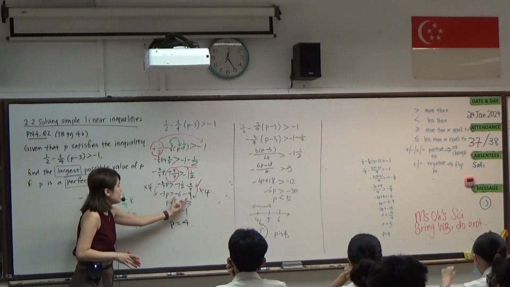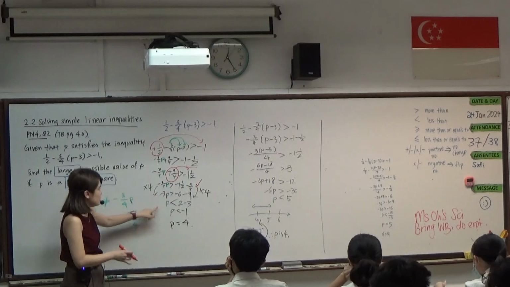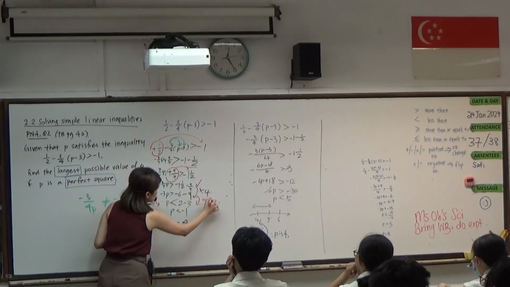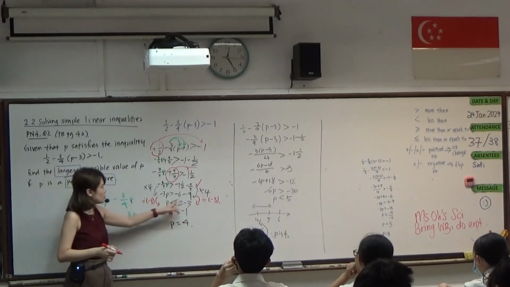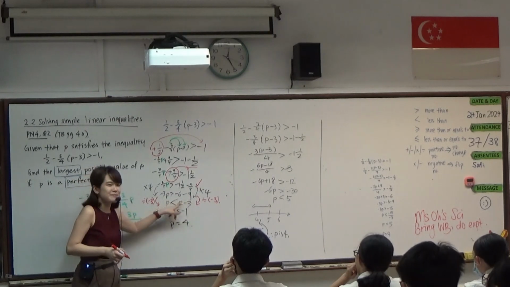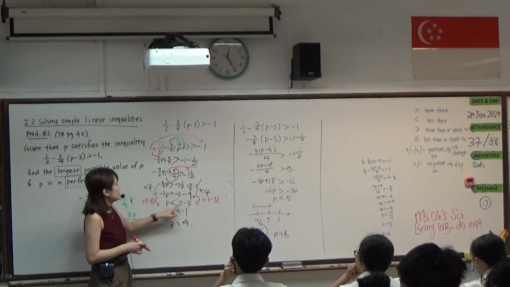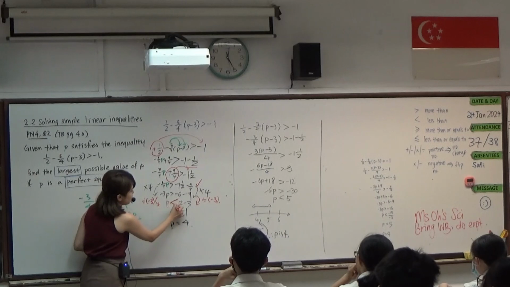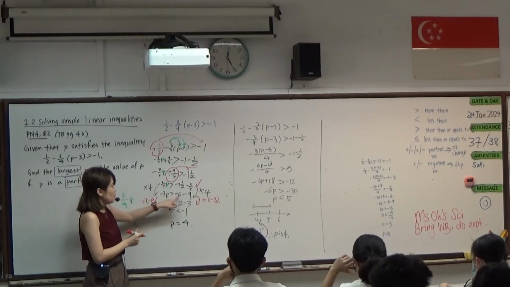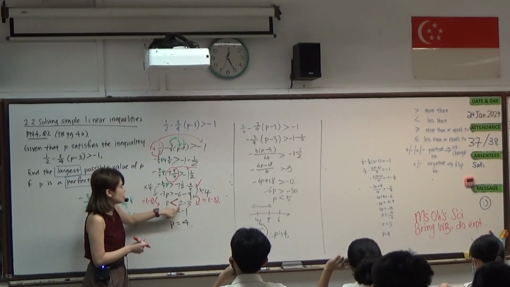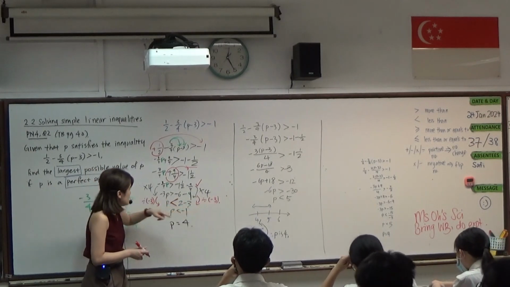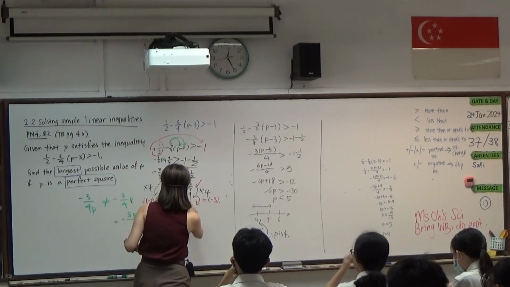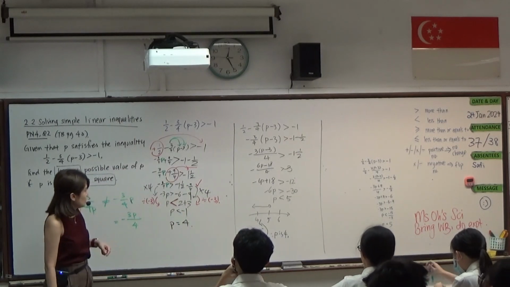Minus 6 minus 9. Then from here to here, what he did was to divide by negative 3 on both sides of the inequality. I don't know why you don't want to simplify first. You can just simplify. Minus 6 minus 9 is negative 15. But he didn't. By dividing by a negative number, it caused the inequality to flip to become a less than sign, which explains why negative 6 divided by negative 3 is 2, and negative 9 divided by negative 3 is a positive 3, correct?